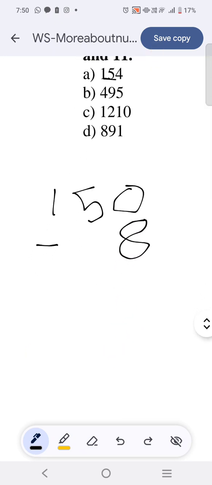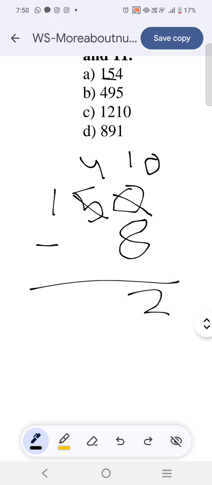Let's see what the answer is. We'll cut the 0, cut the 5 and make it 4. We'll cut the 0 and make it 10. Now 10 minus 8 is 2. Then 4 minus nothing is 4. 1 minus nothing is 1. So the answer is 142.